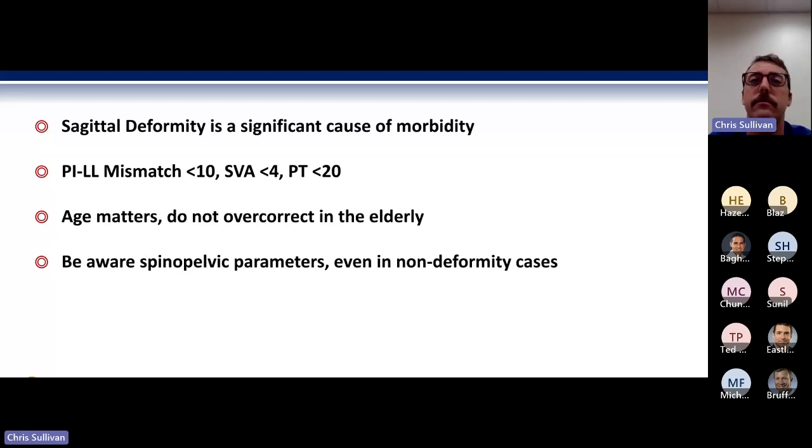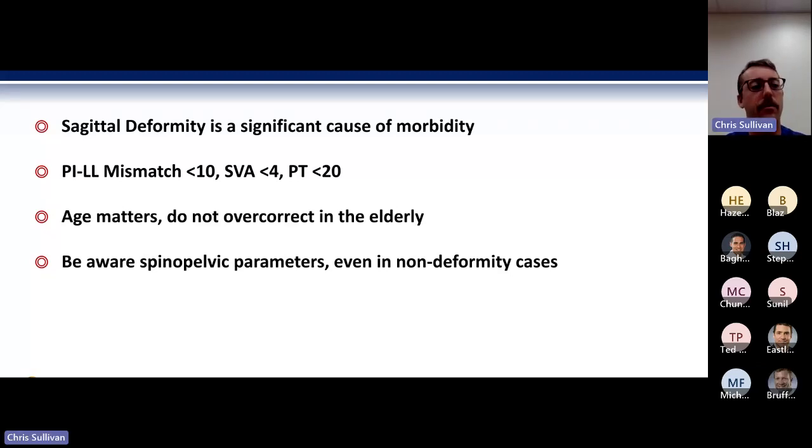Age matters, so we should focus on not overcorrecting the elderly population and keep that in mind, age-specifying your goals, and be aware of these spinopelvic parameters and sagittal imbalance even in non-deformity cases.